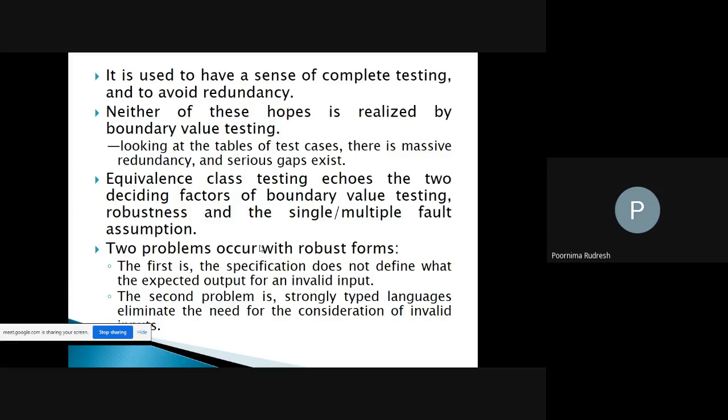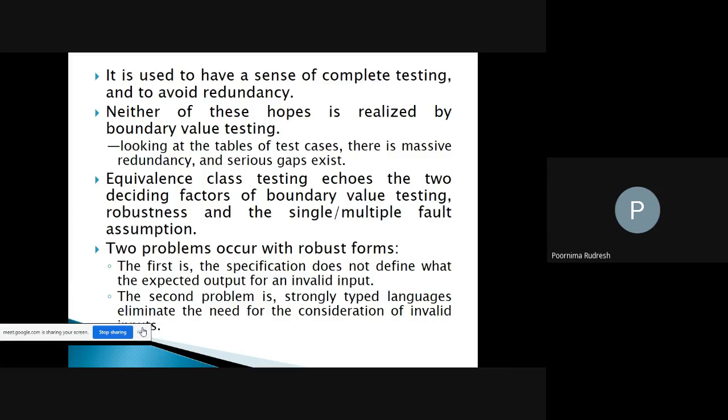Here you are going to study some equivalence class testing strategies, and the test cases for equivalence class testing by considering three examples that you have already studied in previous chapters: the triangle problem, the next date function problem, and the commission problem. The test cases we are considering are the same, and we are applying them to equivalence class testing.